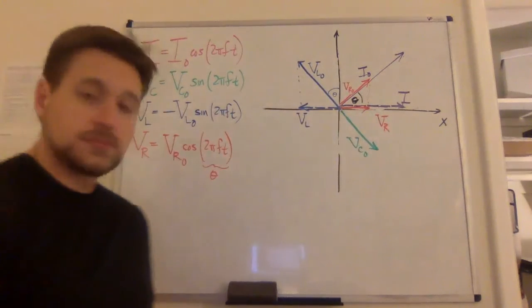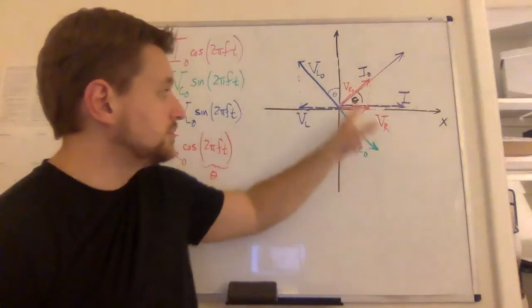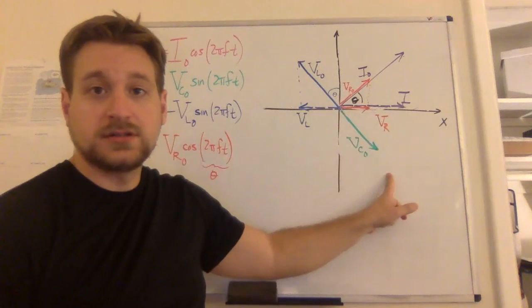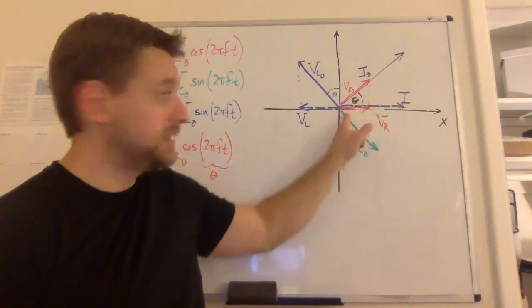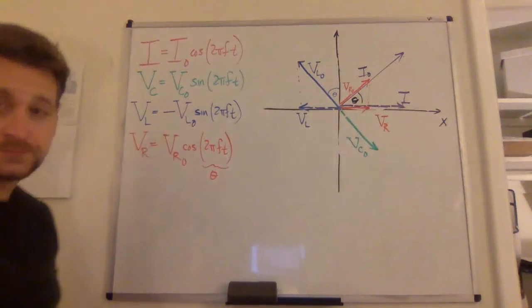Notice that the capacitor voltage and the current are still perpendicular because the current leads the voltage for a capacitor by 90 degrees, a quarter period.